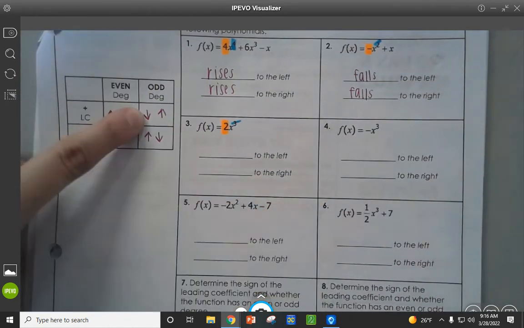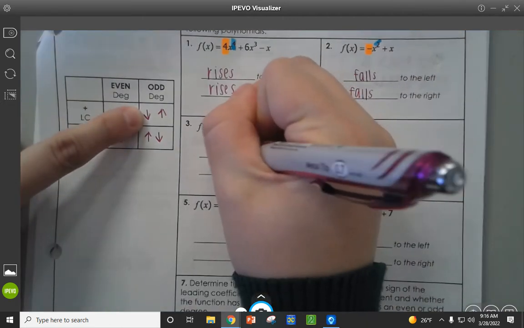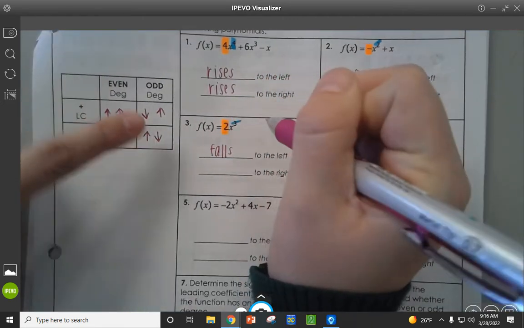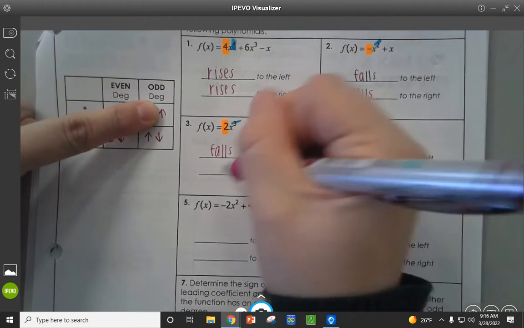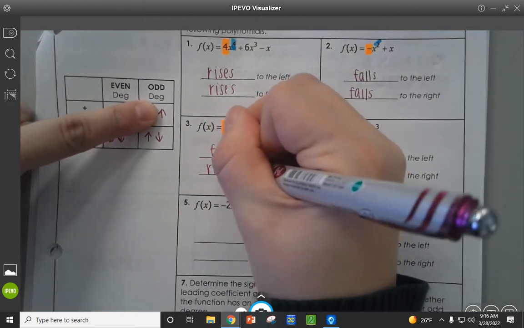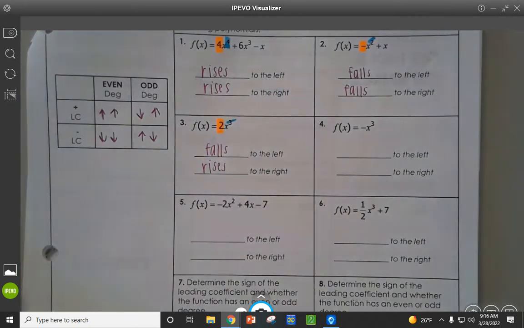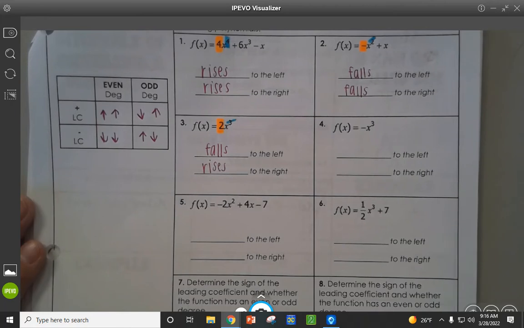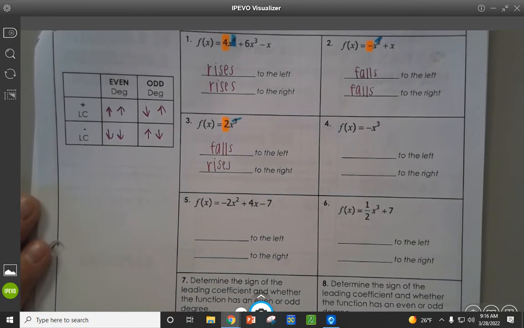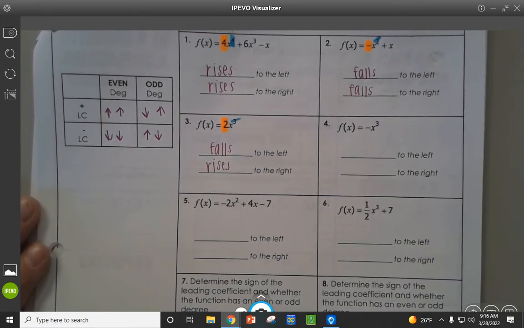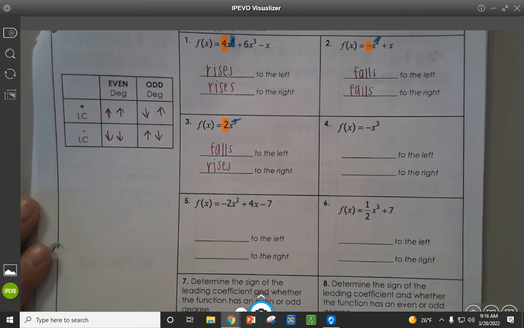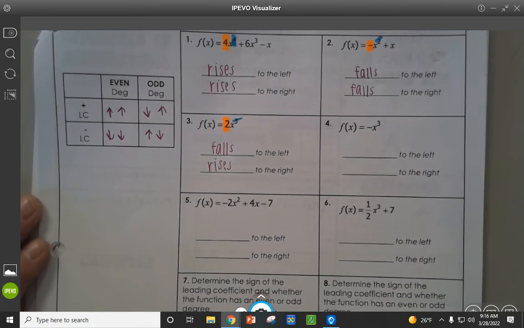The left arrow points down, so it falls to the left. The right arrow points up, so it rises to the right. Are there any questions so far?